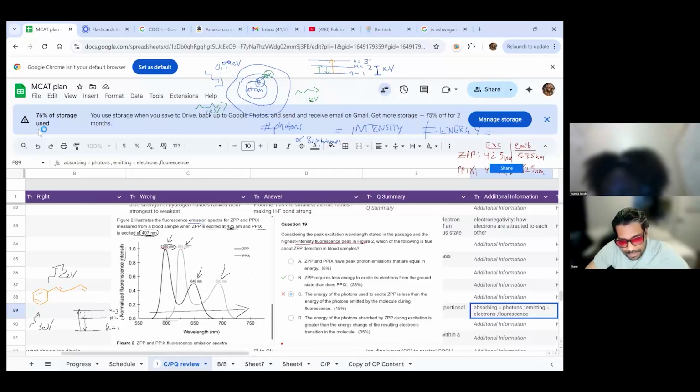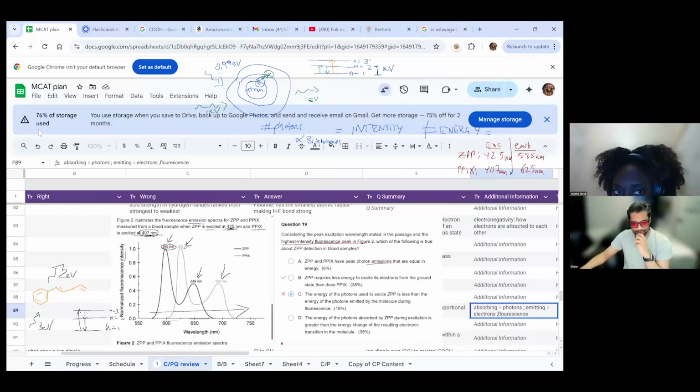So, ZPP and PPIX have peak photon emissions. What are we going to look at? Photons? So for instance, the 425 is the excitation wavelength for ZPP. You're asking which column to use?